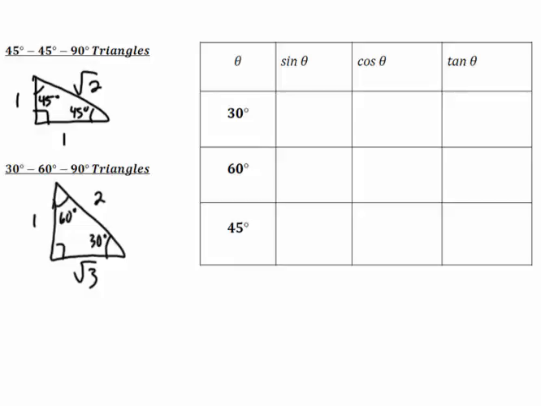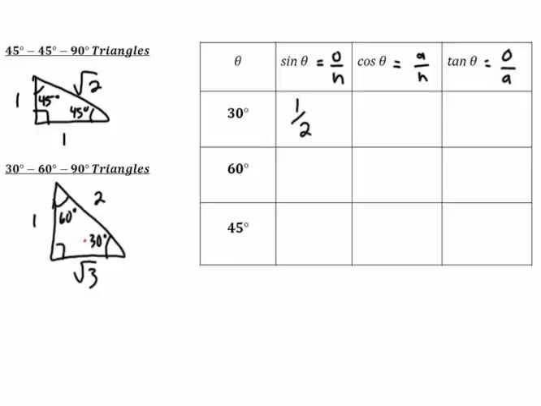Remember, we have sine, cosine, and tangent, and from SOHCAHTOA, sine of an angle is the opposite over the hypotenuse, cosine of an angle is the adjacent over the hypotenuse, and tangent is opposite over adjacent. So if we choose the angle, and we're going to start down here with 30 degrees, if we use our 30-degree triangle, the sine of 30 degrees is the opposite, which would be 1 over the hypotenuse, which is 2.